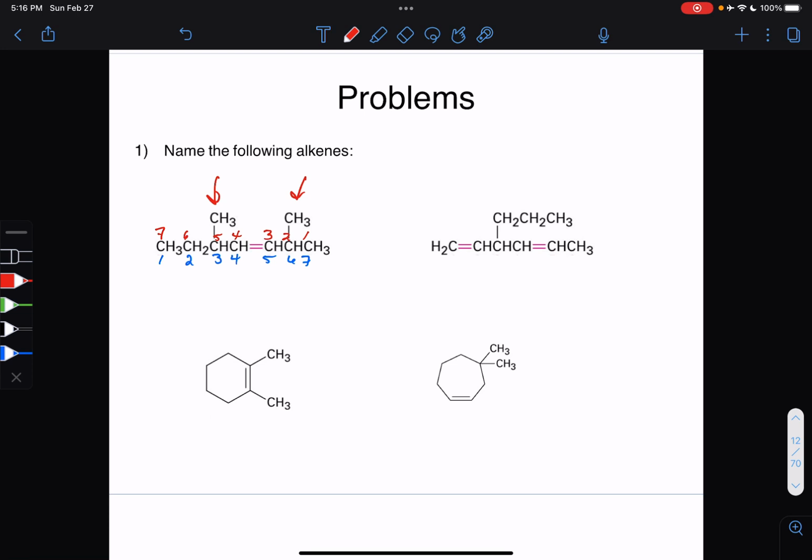But remember, with alkenes, your double bond takes precedence in the numbering. So we want to take a look at that double bond. Now, with the blue or red numbering, which one allows the double bond to have the lower number? Well, that would be the red.